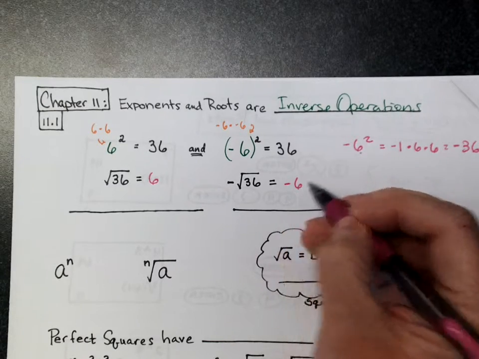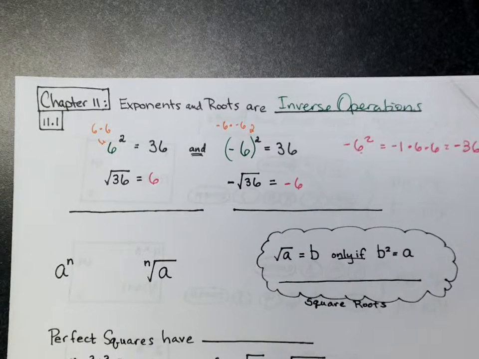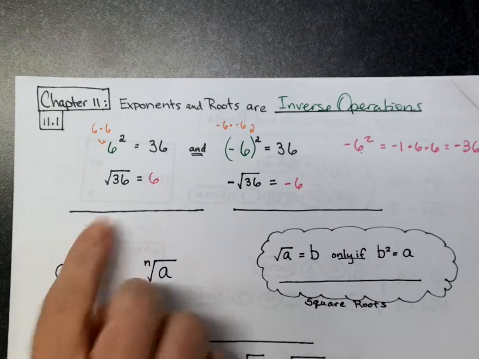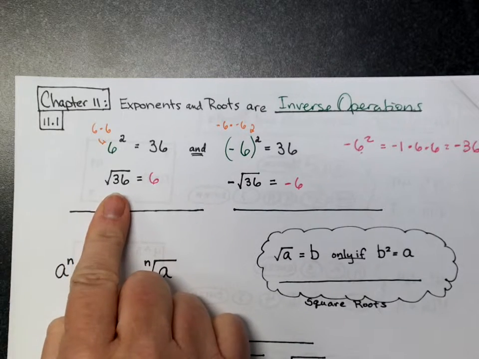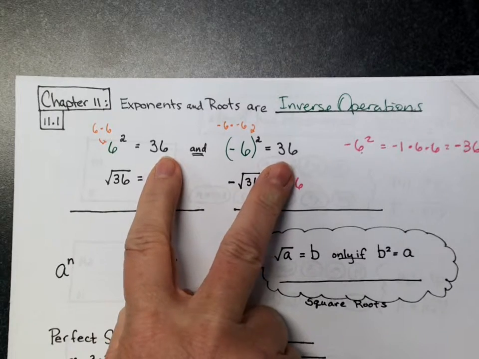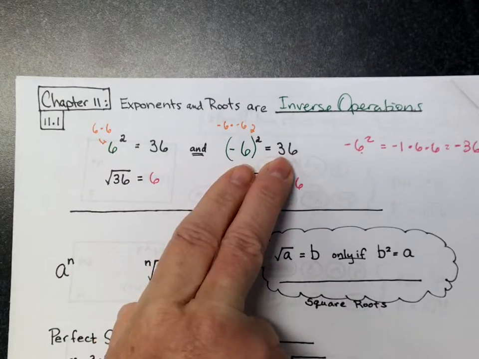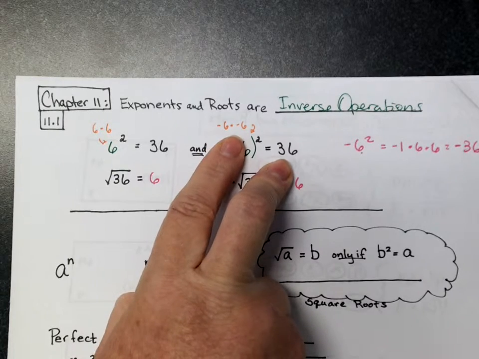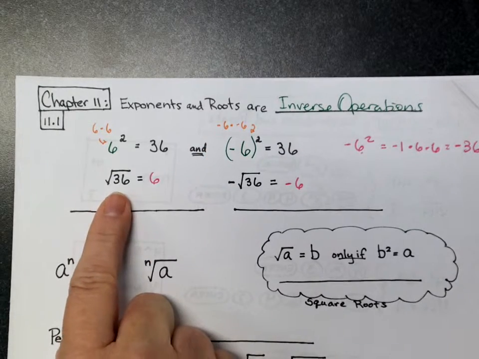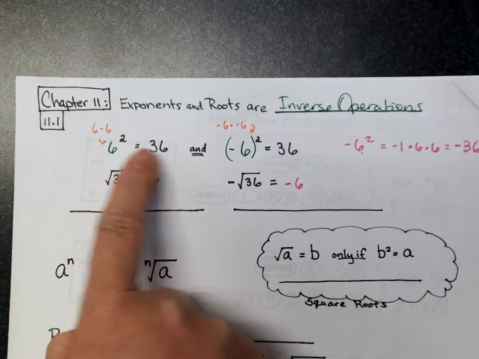So the answer to this would be negative 6. This is important because with a square root, there's two ways to get 36. We can get 36 by doing positive 6 times positive 6, or we can get 36 by doing negative 6 times negative 6.